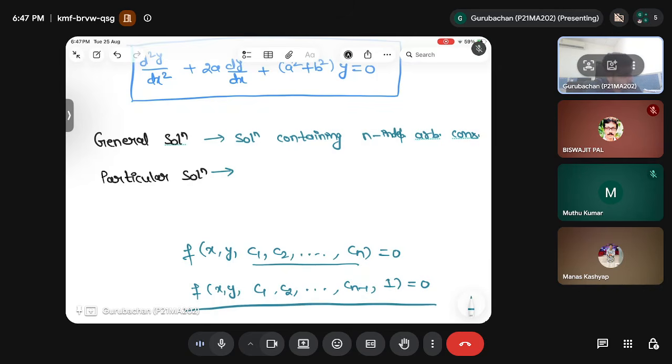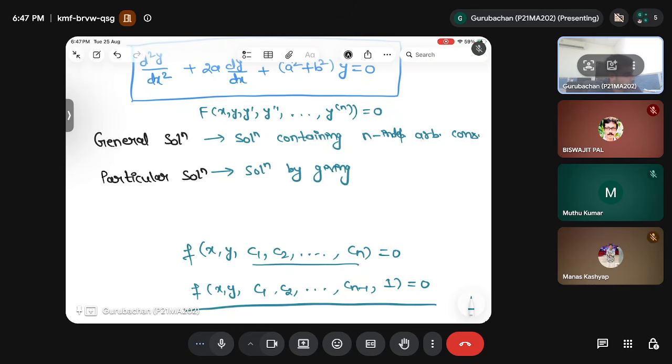And I'm saying this for a differential equation f(x, y, y', y'', and so on, up to y^n). So obviously there must be n arbitrary constants.